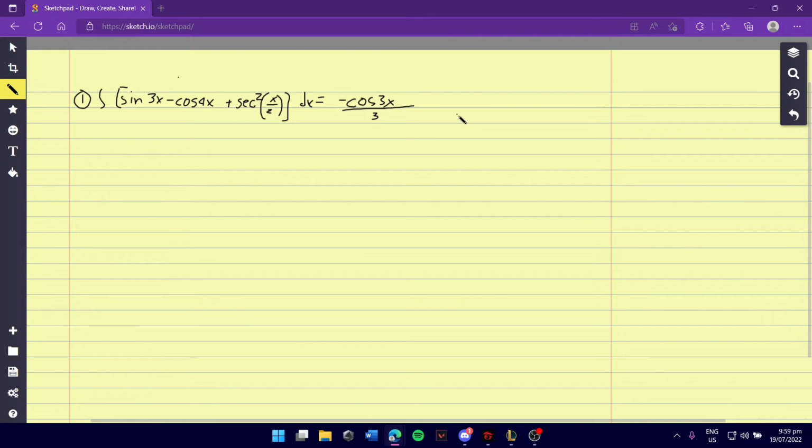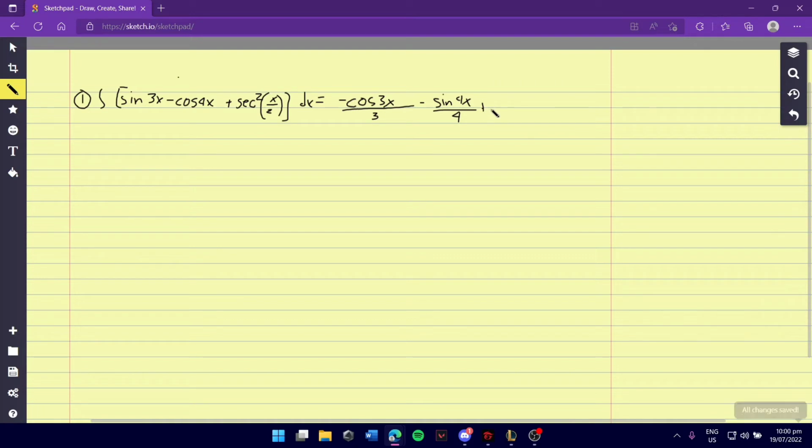Next, we will integrate negative cosine 4x. The integral of cosine is equal to sine, so this will become negative sine, copy the constant, which is 4, divided by 4.